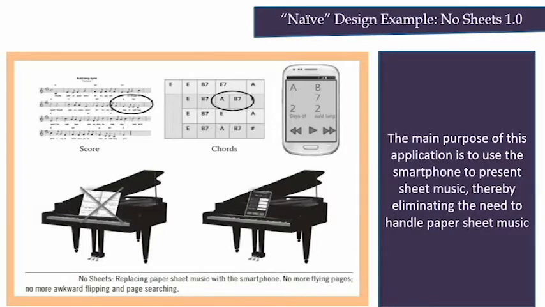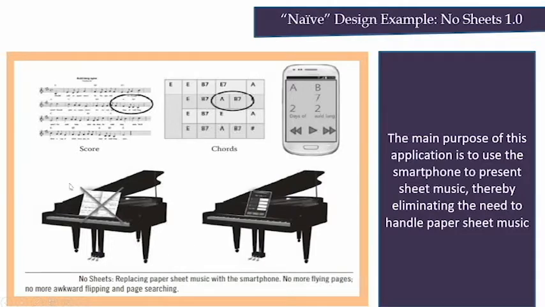Here, the main purpose of this application is to use the smartphone to present sheet music, thereby eliminating the need to handle paper sheet music. In this figure, paper sheet music is replaced with the smartphone.